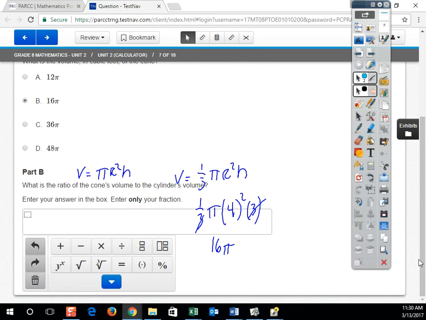What is the ratio of the cone's volume to the cylinder's volume? Enter your answer in the box and enter only your fraction. Well, when I say ratio, you think fraction.